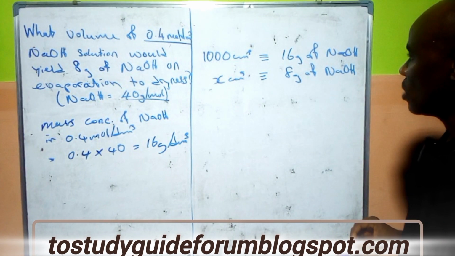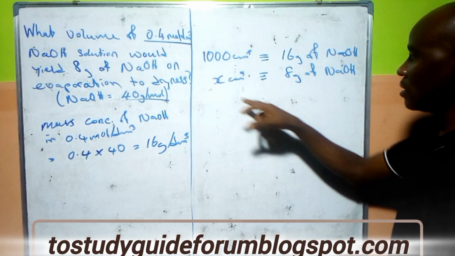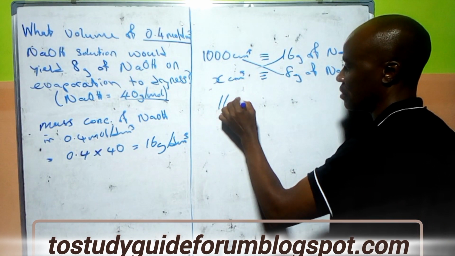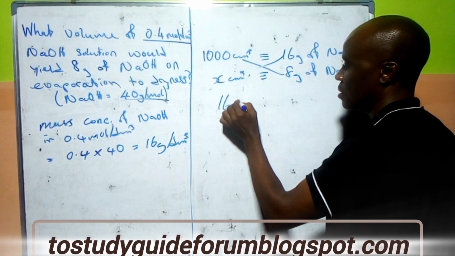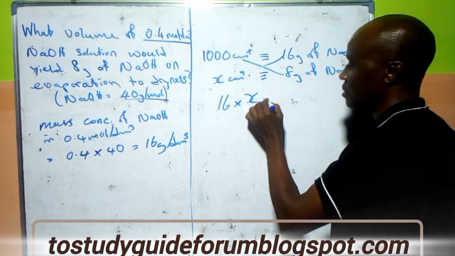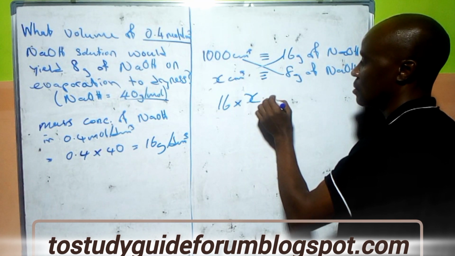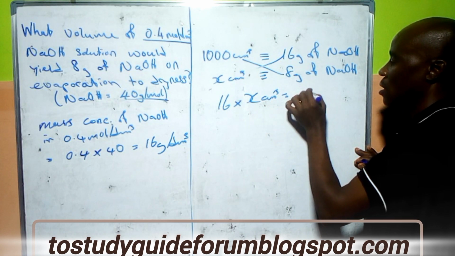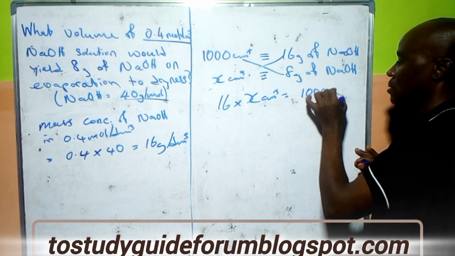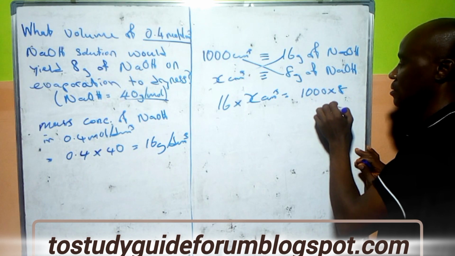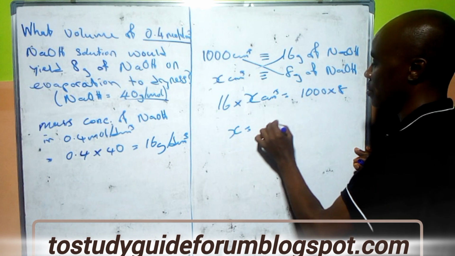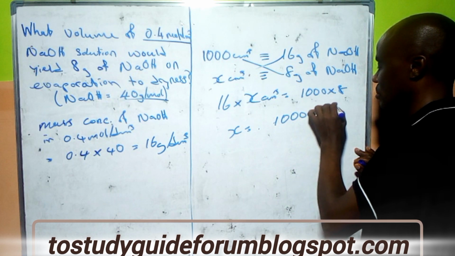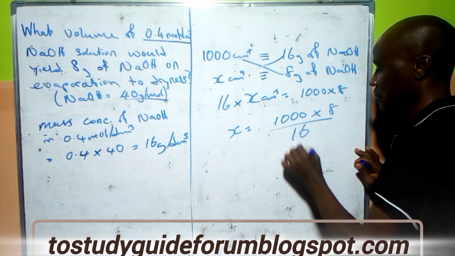So to get the value of this volume, we can cross multiply. We have 16 times x cm cube equal to 1000 times 8. So x will then be equal to 1000 times 8 all over 16.